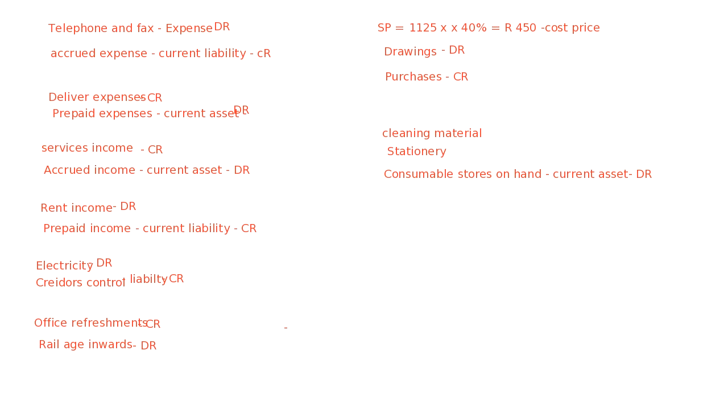Credit. What about the stationery? Debit or credit? When you go and record in the GJ, you're going to start with consumable stores on hand because it has been debited. This one first. And thereafter, you can put these ones because they've been credited. But the amounts you're going to use are from the information that you gave me. Are we together?